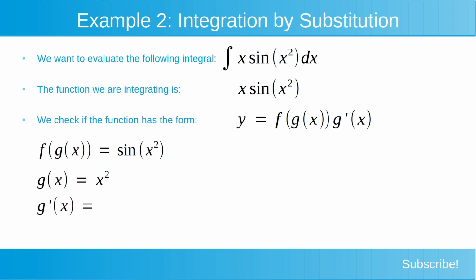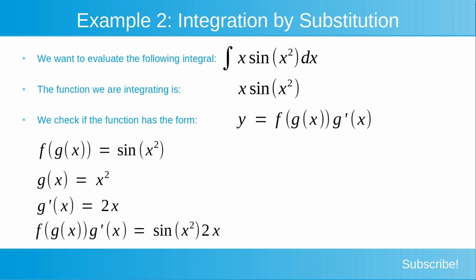G prime x is the derivative of the function g of x with respect to x. We can calculate that out to be 2x. When f of g of x is equal to sine x squared, f of g of x g prime x is equal to sine x squared 2x.